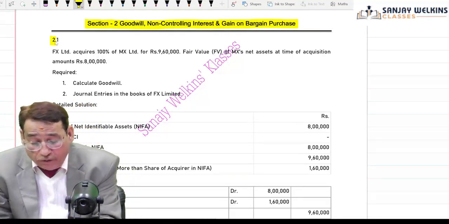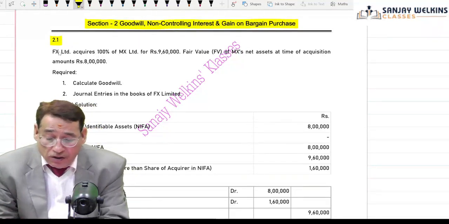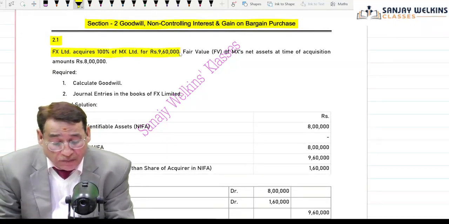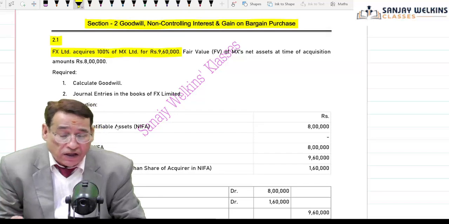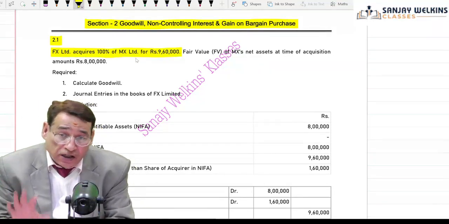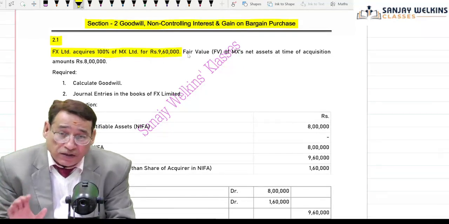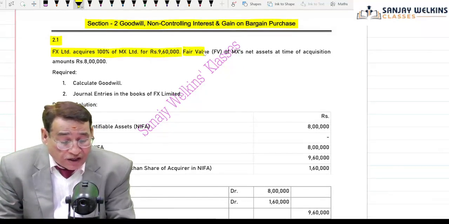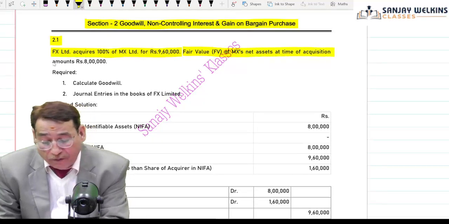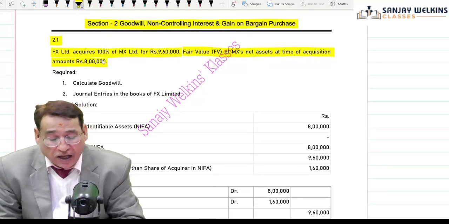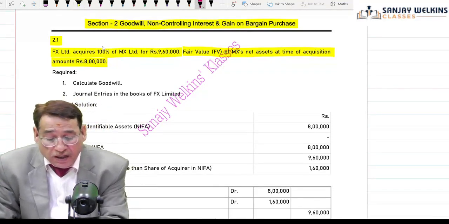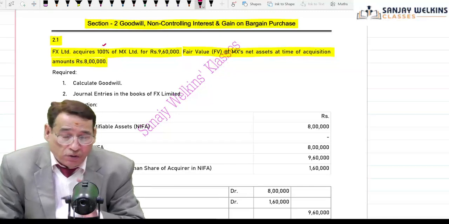So 2.1. In this particular question, it is given to you that FX Limited acquires 100% of MX Limited for rupees 9,60,000, and the fair value of MX Limited's net assets at the time of acquisition amounted to 8 lakh. You must have noticed that you are acquiring 100% control, number one.